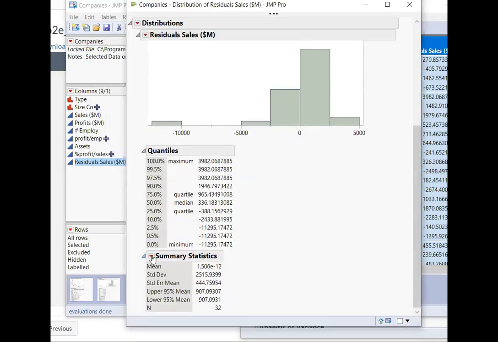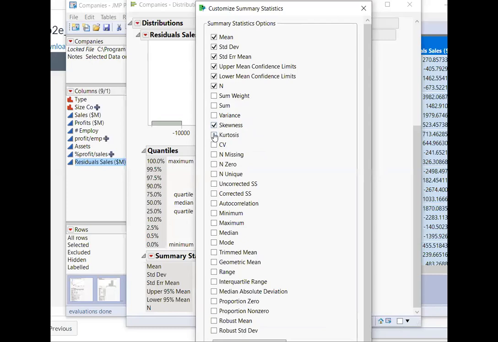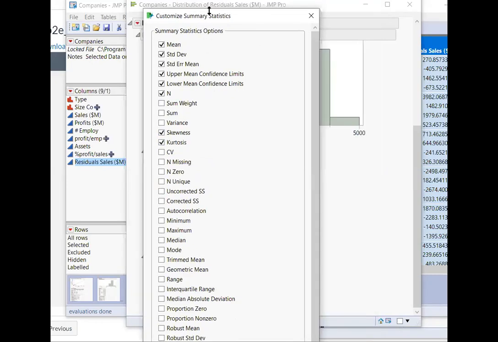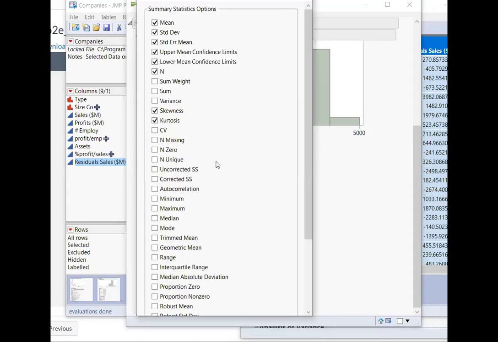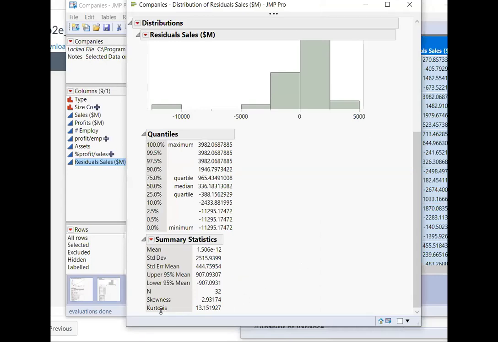Down here in summary statistics, I click on customize and add what I need, skewness, kurtosis. And that's it for me, so just click OK. You can see kurtosis is 13, skewness is negative 2.9.